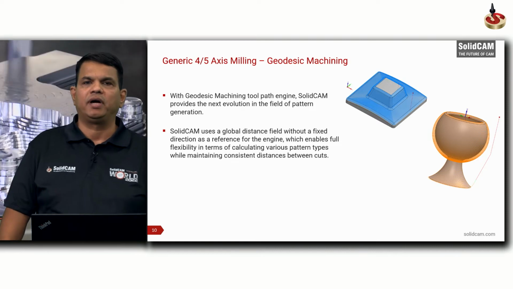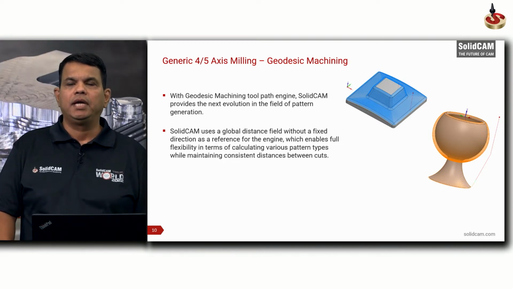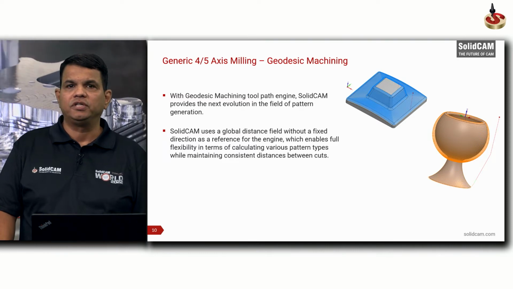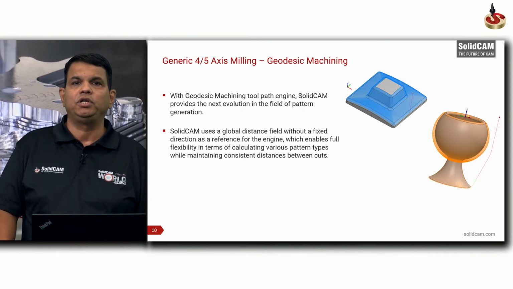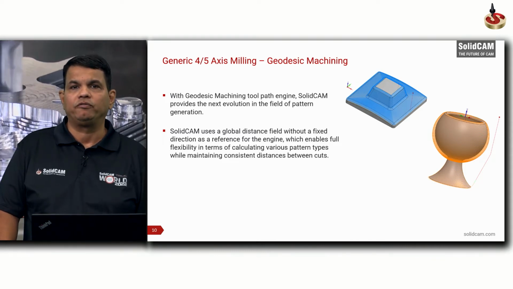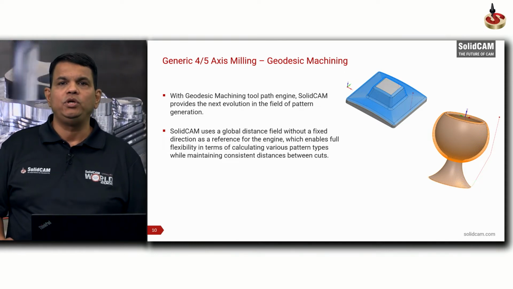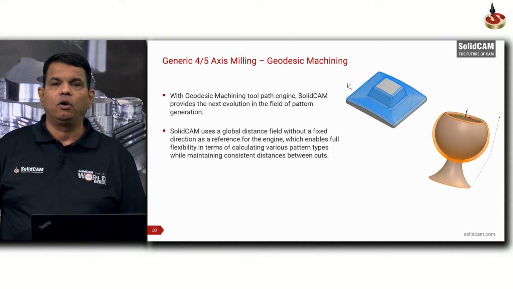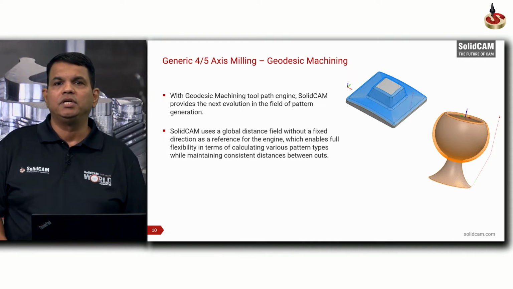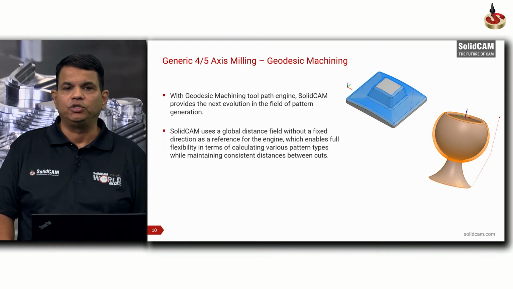That means if I define a step over distance as, let's say, 1 millimeter, irrespective of how the surface is and from which direction the machining is happening, that 1 millimeter is maintained, looking normal to the surface at any given point of time. So it maintains a consistent distance between two cuts everywhere, all along multiple surfaces. That's the whole idea about geodesic machining.